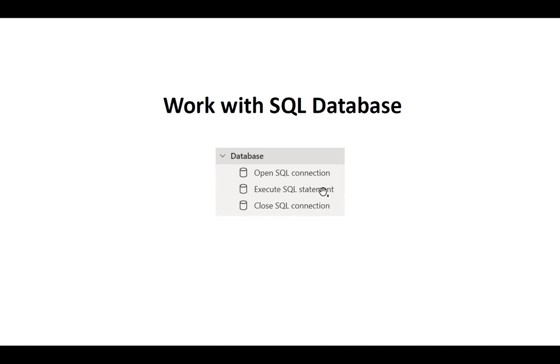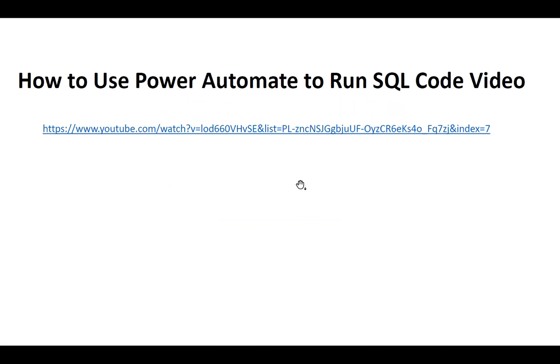You run your data pipeline code, and then you close the connection. I have made a video demonstrating how we use Power Automate to run SQL code. Very detailed, step by step. So if you want to use Power Automate, please make sure you watch this video.